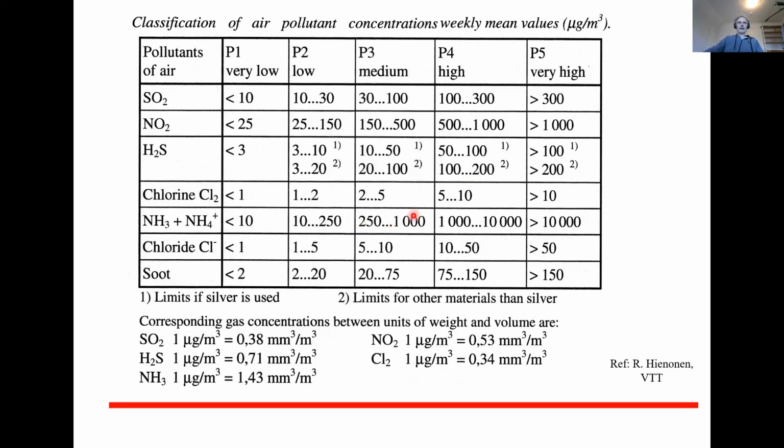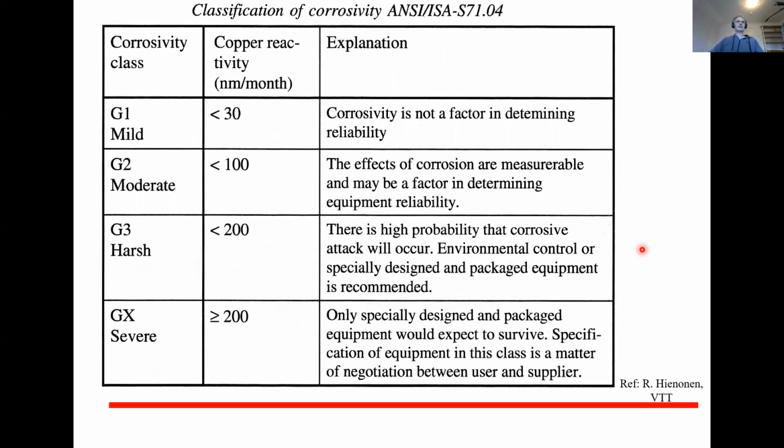And then when one talks about the corrosivity classes, then quite often these are referred to these ISA G values. So we have here 4 different categories. We have G1, which is corrosivity class mild, moderate, harsh, and severe. And here is an explanation for each category.